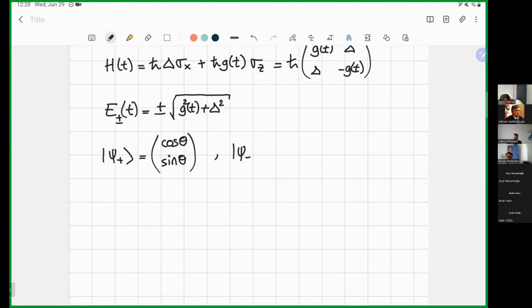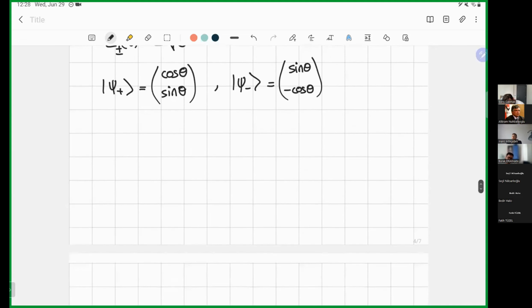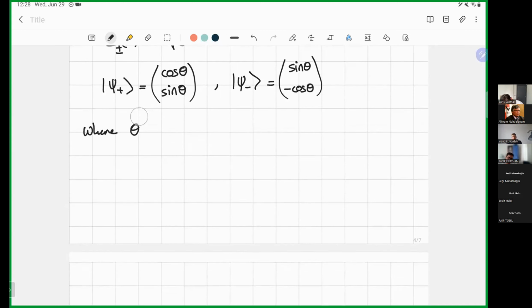And we have ψ_-. So ψ_+ is the eigenvector with the eigenenergy E_+, and ψ_- is the eigenvector with the eigenenergy E_-. And this is given as sine θ, minus cosine θ. Here, tangent θ is equal to something like this: g(t) plus the square root of Δ² plus g²(t), divided by Δ, right?